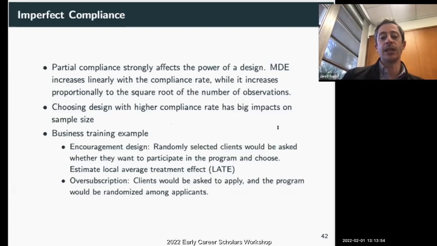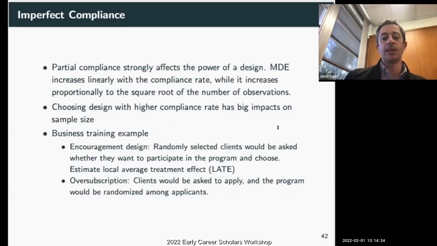And then the evaluation would compare those invited to those who were not invited, and you would use a sort of instrumental variables design to estimate this local average treatment effect. A second approach would be an oversubscription design. So that would be the case where clients would be asked to apply to the program, and let's say you have 1,000 people that applied, but you can only give it out to 500 people, then you would randomly allocate these applicants to the treatment or control.